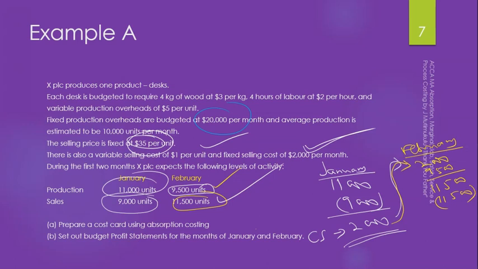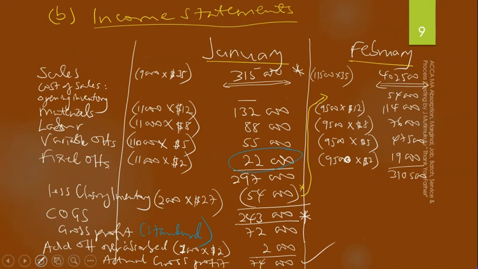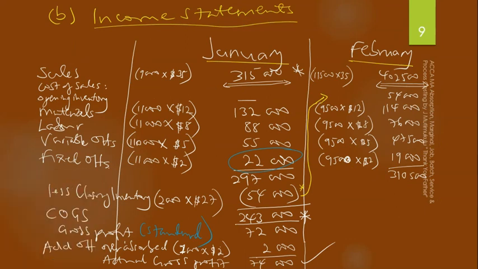Is there any stock left? There is a zero. In terms of closing stock, there is a zero. So we say the closing stock is zero.